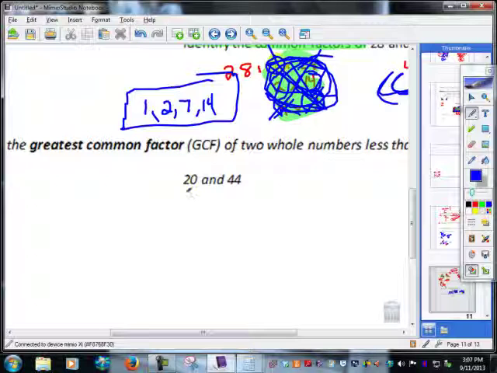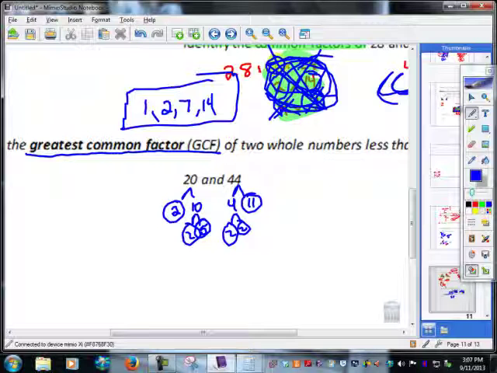When you're doing this, the first step you got to do is you have to do the prime factorization on these, okay? Whether you're doing GCF or LCM, you always start with the prime factorization. Okay, now I'm going to take these. I'm doing greatest common factor, remember, and I'm going to stack them up. 2 times 2 times 5, 2 times 2 times 11.